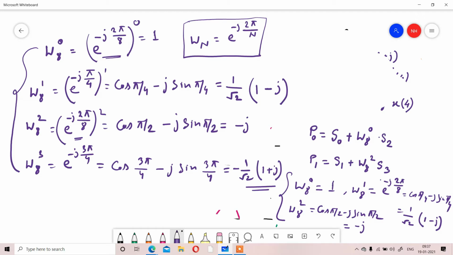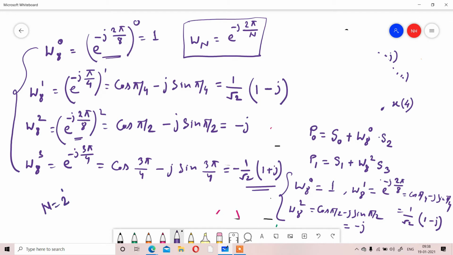Already you have seen that if you need to do the FFT, you need to design the butterfly diagram, and each butterfly has 2 inputs. So the input must be a multiple of 2, otherwise you cannot design the butterfly.